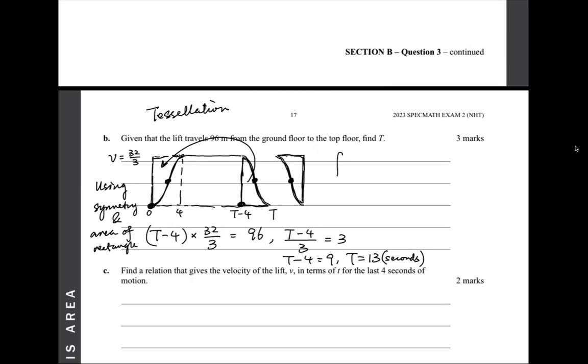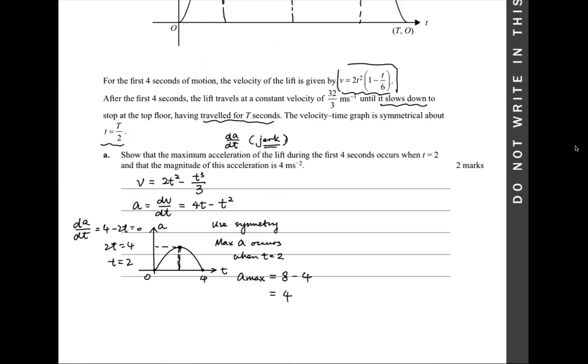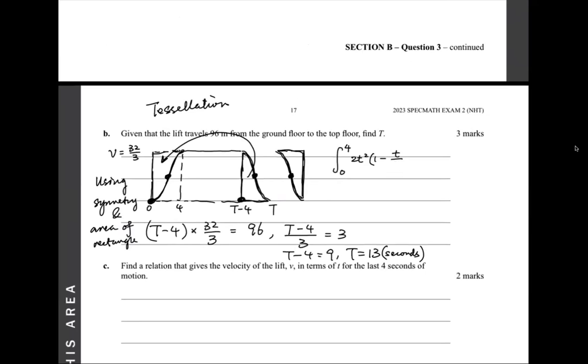Well, you could also say from 0 to 4, the integral of 2t squared, 1 minus t over, is that a 3? Let me have a look. Oh, minus t over 6, bracket dt.